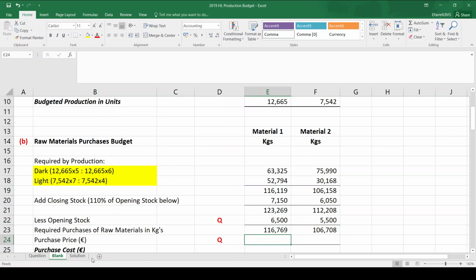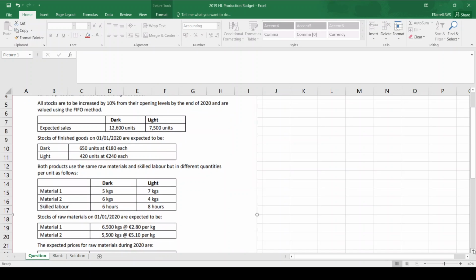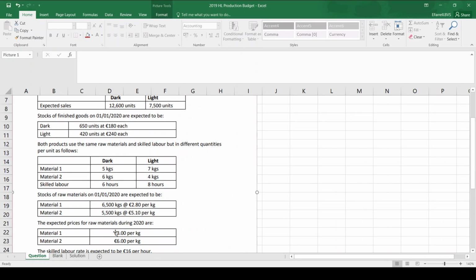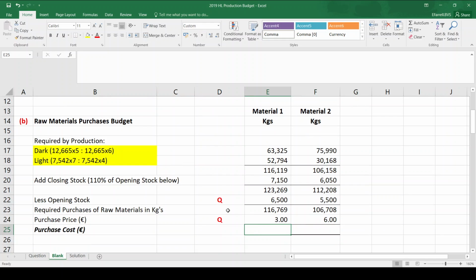Now, what is the purchase price of material 1 and material 2? So the purchase price of material 1 is €3 per kg and material 2, €6 per kg. So €3 and €6. So I need 116,769 kgs of material 1 at €3 per kg is €350,307.